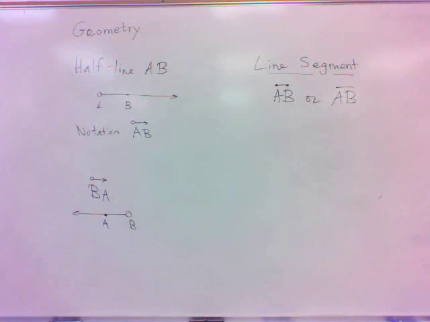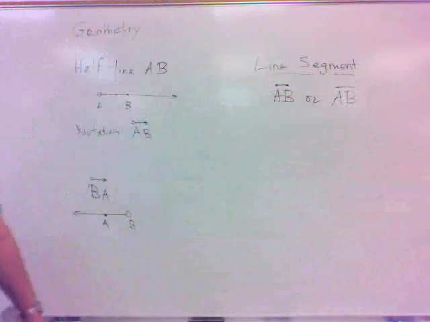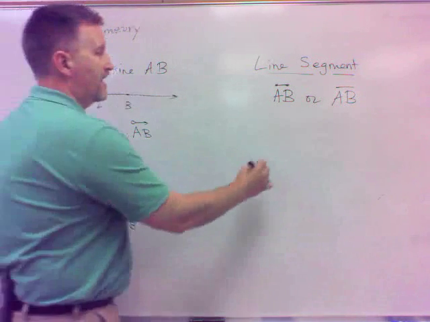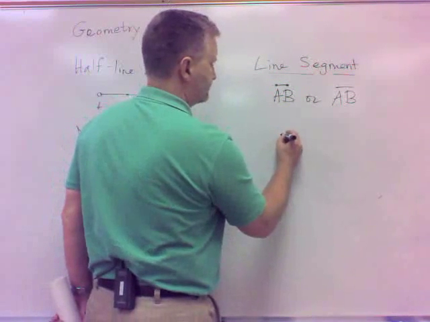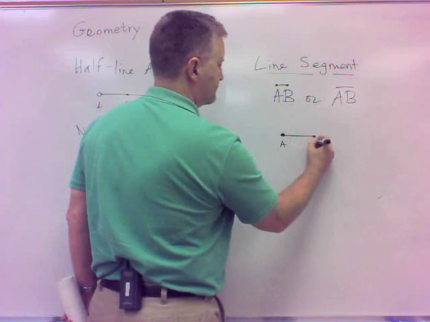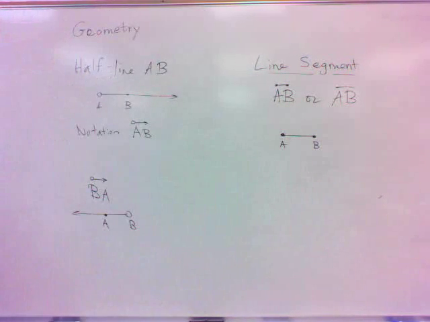A lot of times you won't see the little dots on it. Just a bar like that. That designates a line segment. And line segment AB starts at A, stops at B. It doesn't keep going. It just starts and it stops.